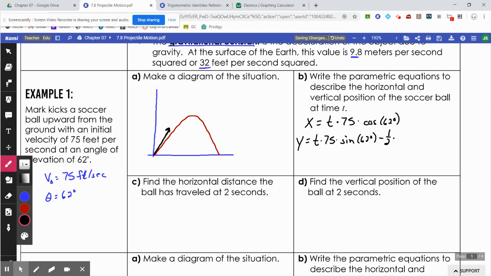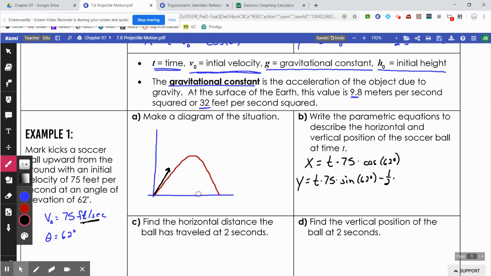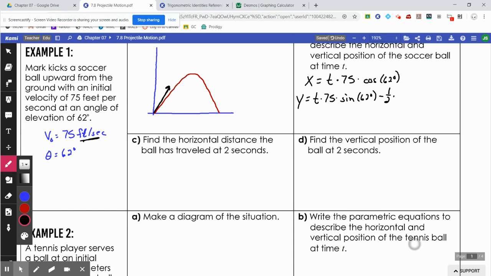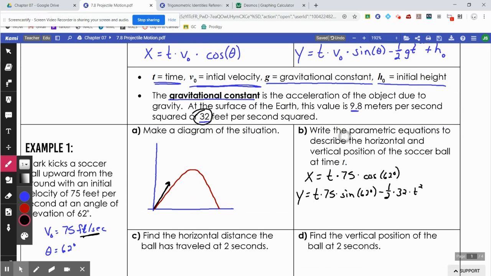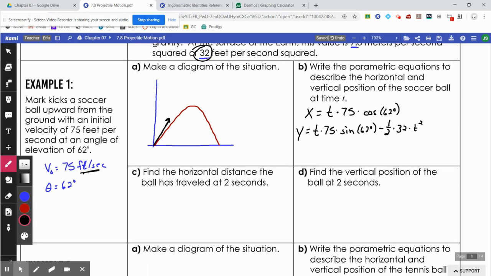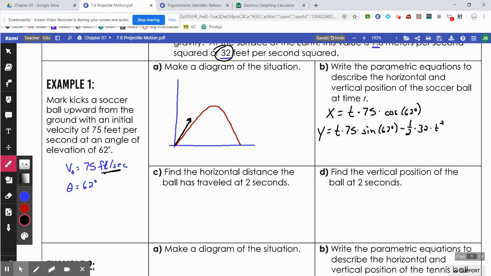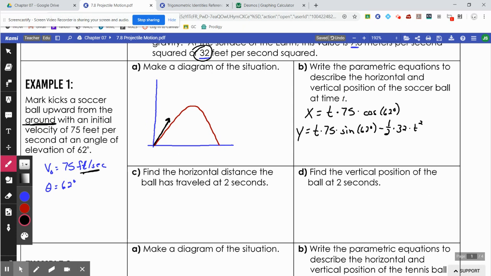And since we are talking about feet per second, we're going to use 32 feet per second squared as my gravitational constant. So 32 times t squared. And then your initial height, your h sub 0, it was given right here. It's kicked upward from the ground. So your initial height is 0.